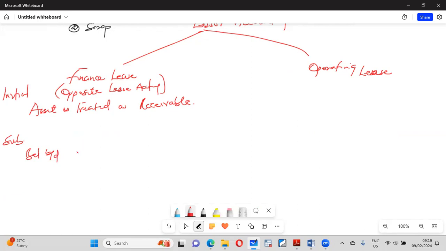If it is in arrears, instead of finance cost, you have finance income. Then instead of payments, you have receipts. Then you have your balance, receivable carried down. That is what you have, the same thing.